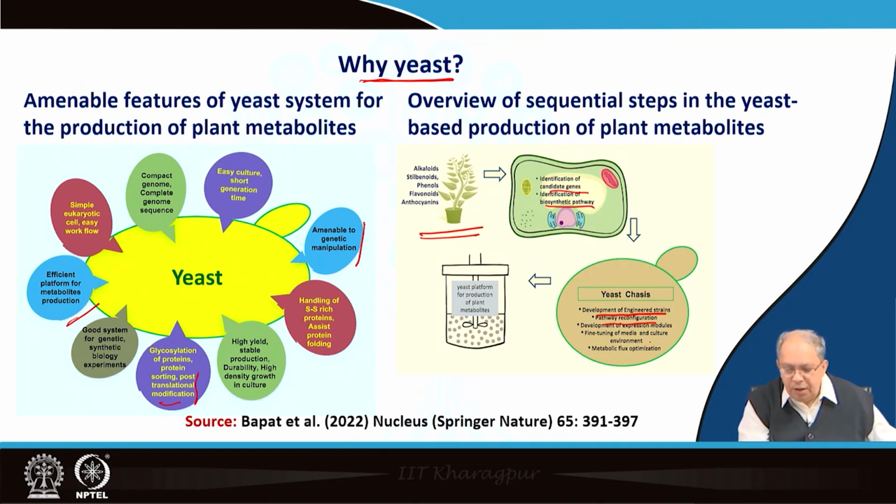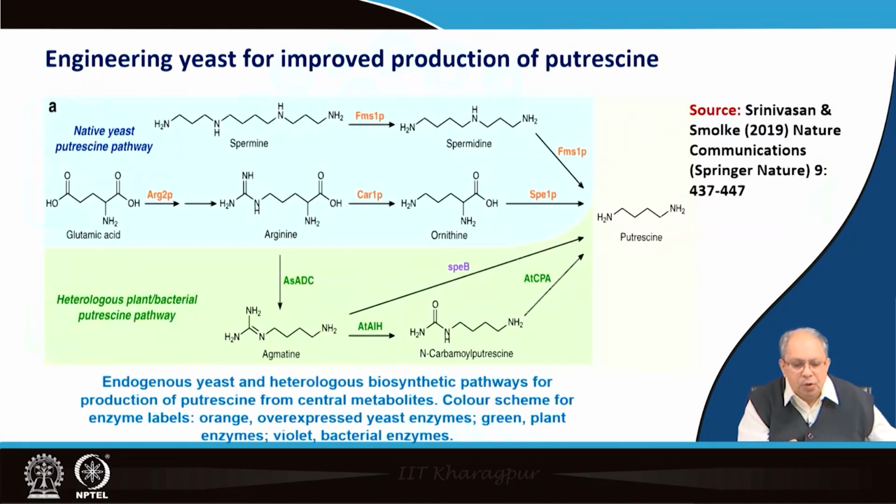The pathway may be reconfigured, followed by development of expression modules, fine tuning of the culture medium environment, and metabolic flux optimization. All these things are required, and if one is successful in doing them, then eventually the process can go to industry. It can be grown in a bioreactor for harnessing the product. So, these are the important points to consider.